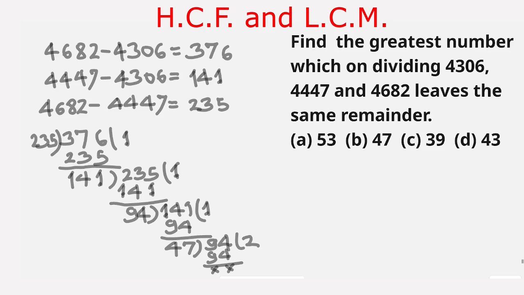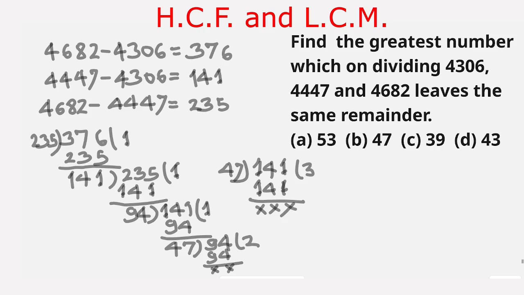Now we will find the HCF of 47 and 141. So we divide 141 by 47. 47 divides 141 for 3 times, and 3 times 47 is 141, and our remainder is 0.